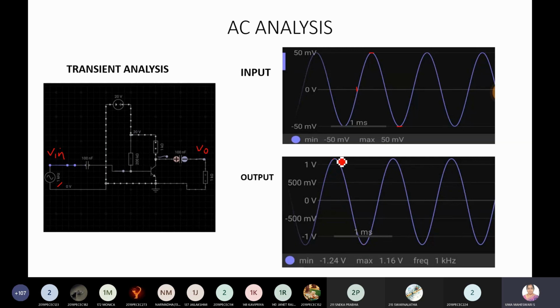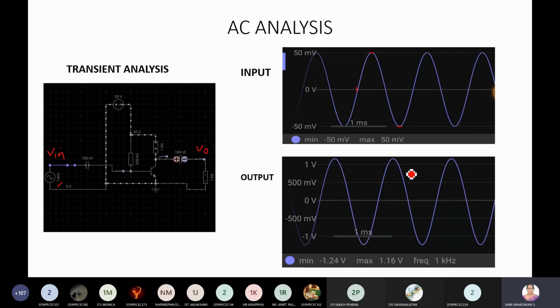Above it is 1.16. So when you add these two, what will you get? 1.24 plus 1.16. How much is that? 2.4 volts.